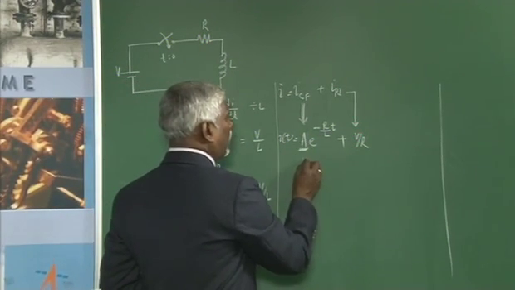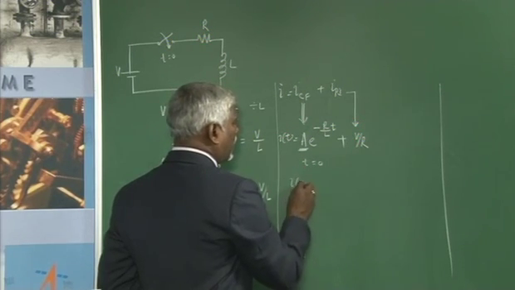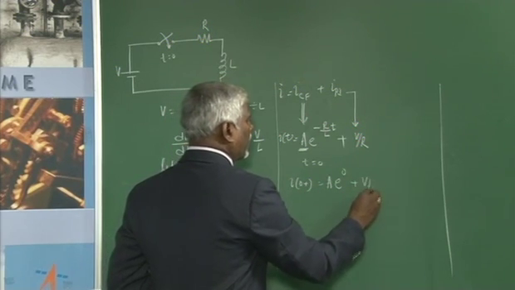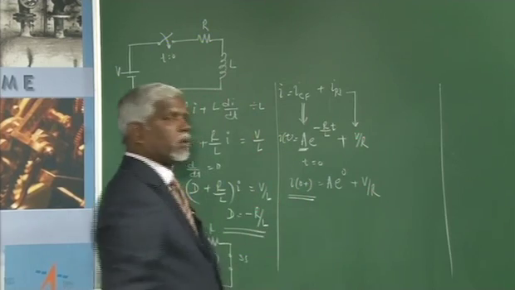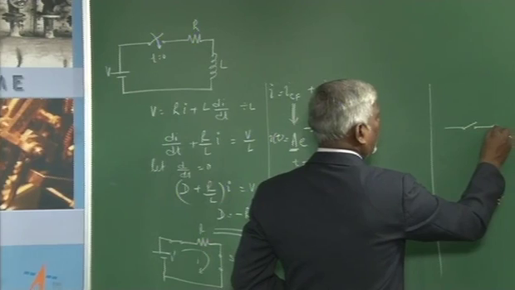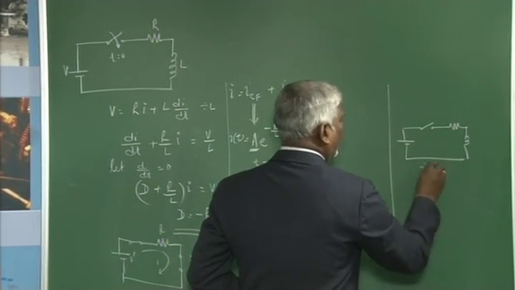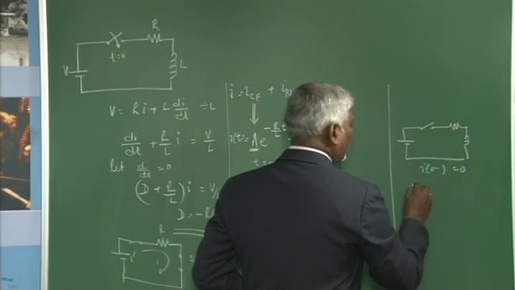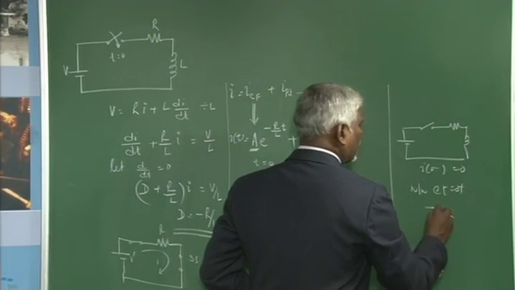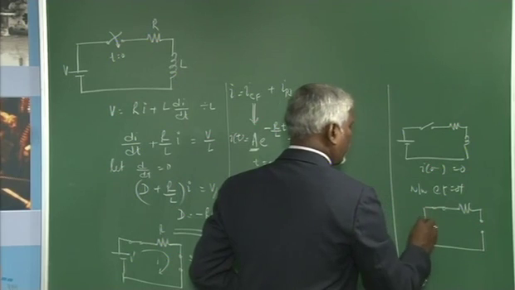To evaluate A, put t equal to 0. At t equal to 0, I at 0 plus is A e to the power of 0 plus V by R. But what is the value of I at 0 plus? From the history of the network, the switch is open, so I at 0 minus is 0. At t equal to 0 plus, the switch is closed, R behaves as R and the inductor acts as open.